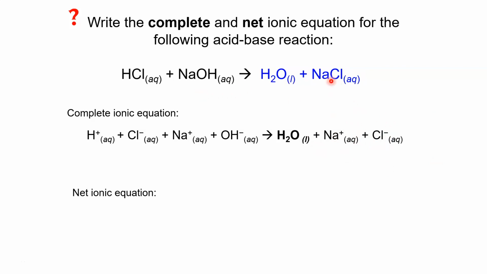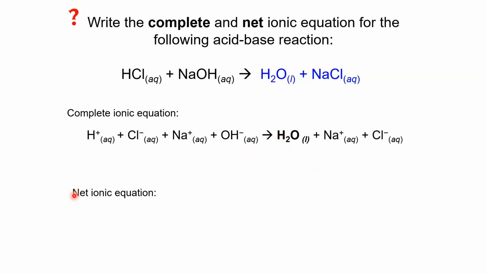Okay, so all I did was break every ionic compound into its ion pieces. Liquid water is not an ionic compound, so it stays as its full molecule in our complete ionic equation.